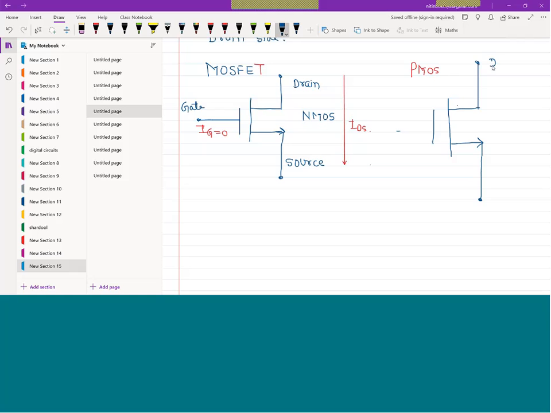So you can say this is drain, source, and one more terminal is known as the gate terminal.